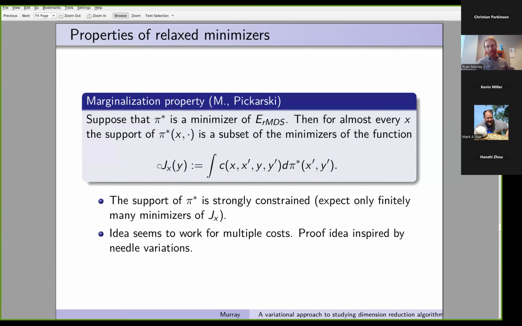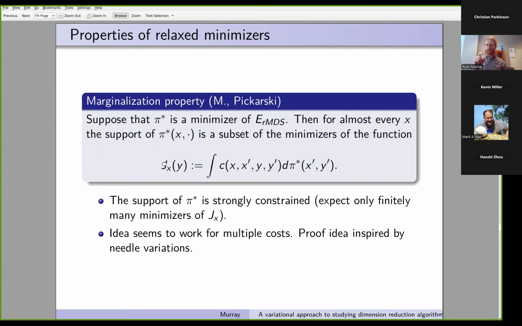This J of x, y is a function over R^D cross R^m which measures this integral. The theorem says that if I have an optimal pi star of this relaxed dimension reduction problem, then the support of pi star has to be a subset of minimizers of this function.